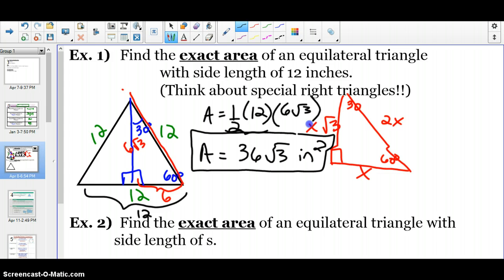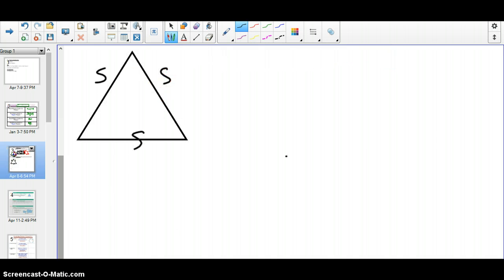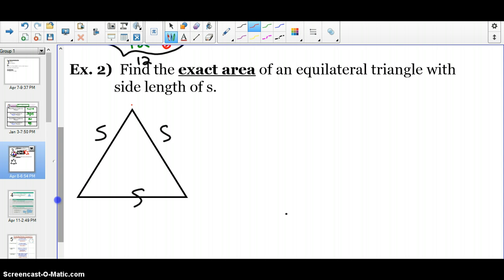Okay, so let's do example 2, similar problem. We're going to find the exact area of the equilateral triangle with a side length s. So they all have some unknown length. We're going to do the same thing. We're going to try to figure out the length of the altitude, or the height of the triangle.